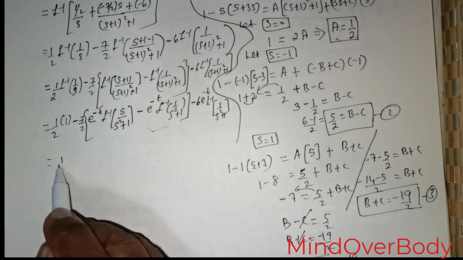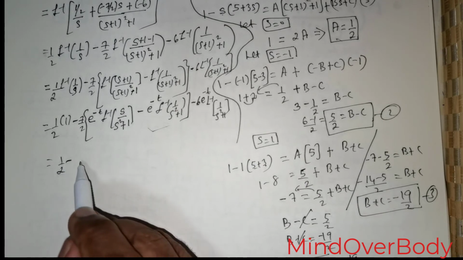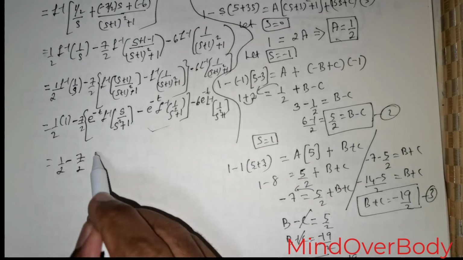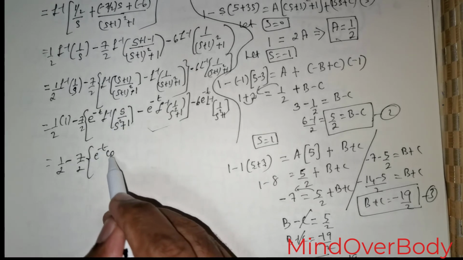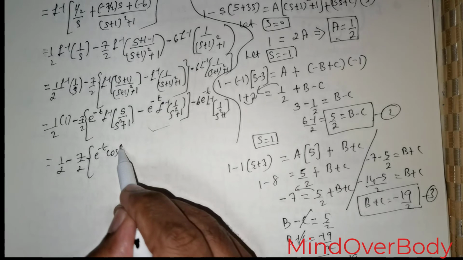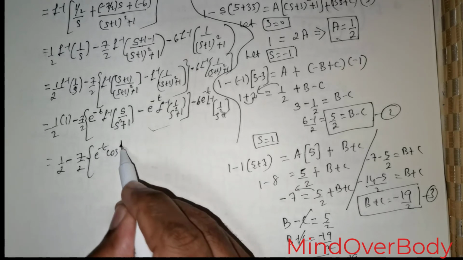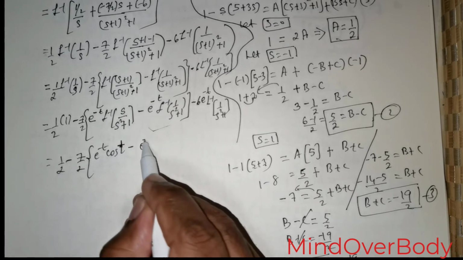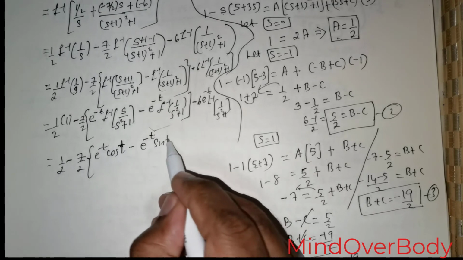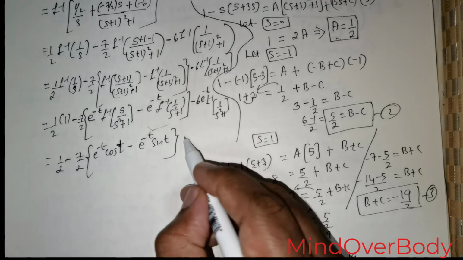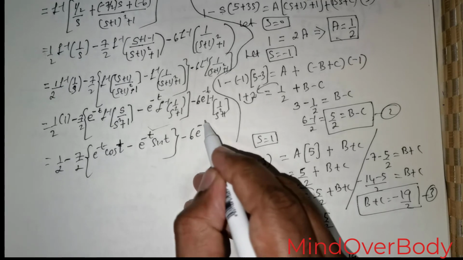Now this is equal to 1 over 2, minus 7 over 2 e^(-t). This is going to be my cos t, minus e^(-t). This is going to be my sin t, that's fine, followed by -6 times e^(-t).